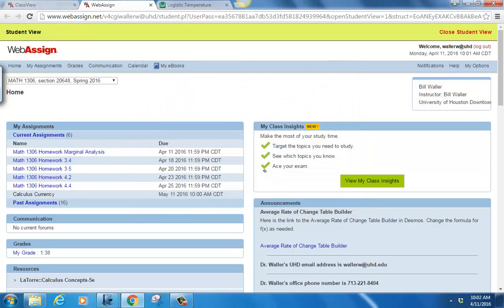So if you look back at the lecture and look at the notes, then there are examples of how to do those problems from marginal analysis. But if you need some help, you can visit John after class, and he'll show you how to do those. So it's really not that difficult.